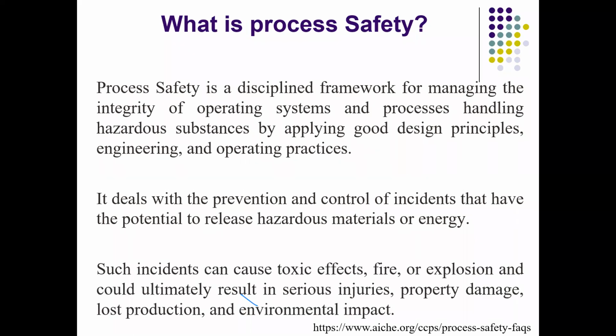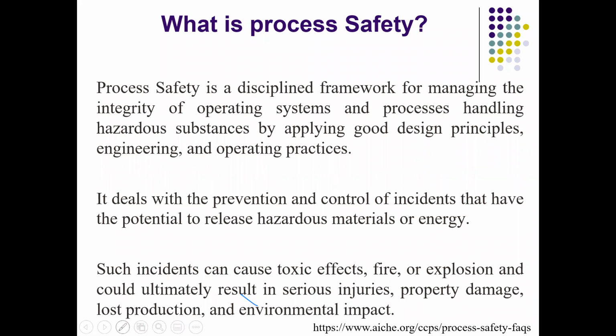The reason for doing all this, meaning good design, good practices and good prevention, is to avoid the toxic effects. These could be fire and explosions, and they could ultimately result in injuries, property damage, lost production, and environmental impact.